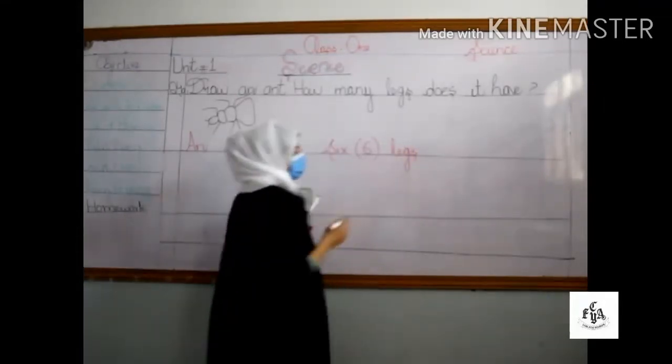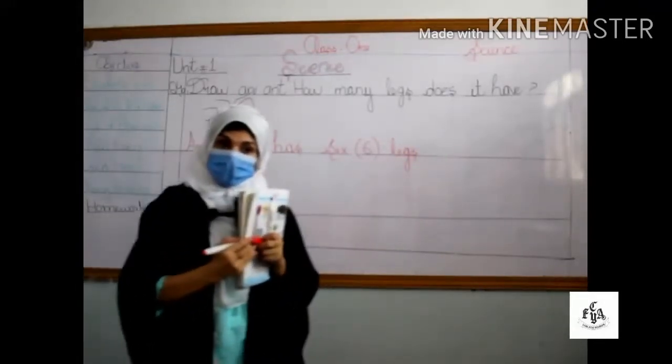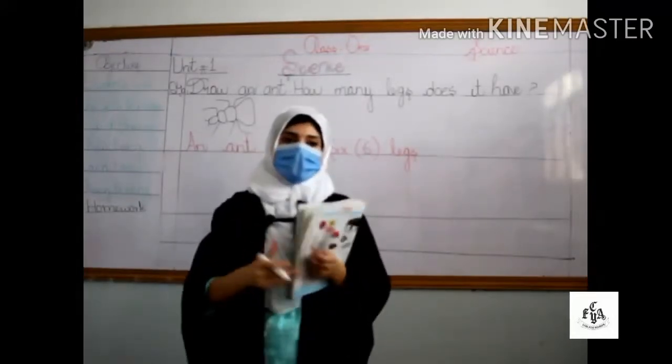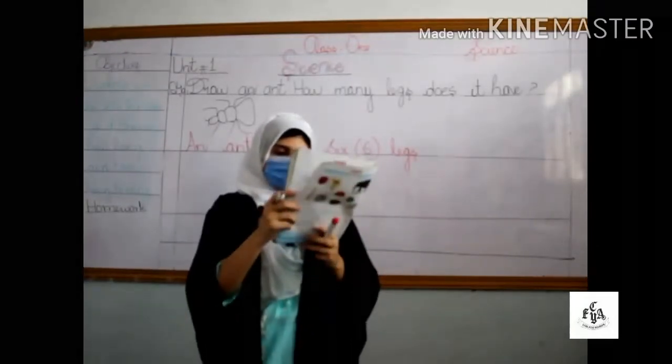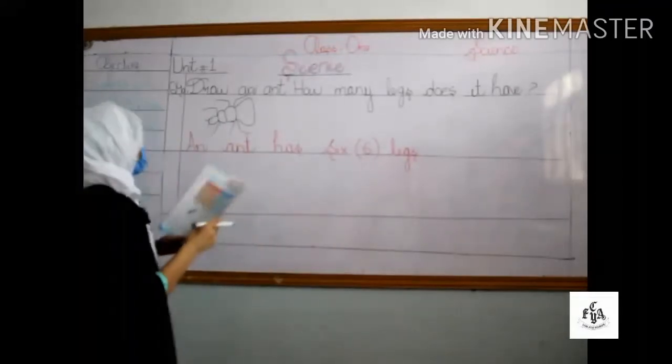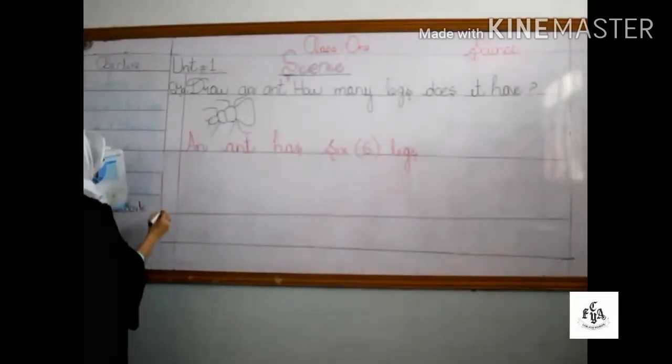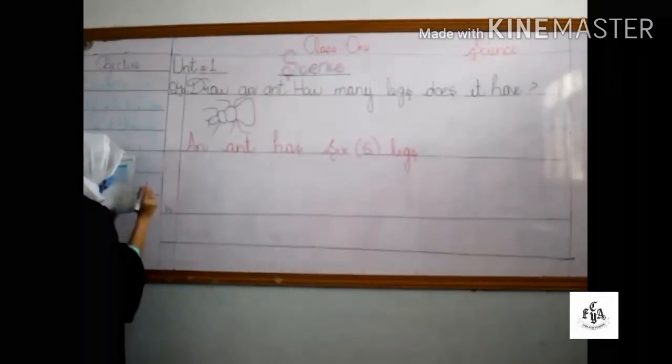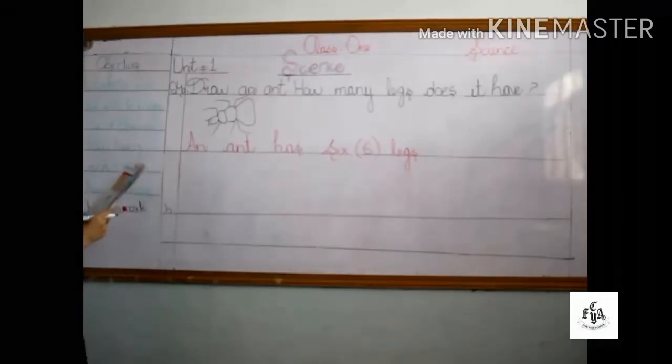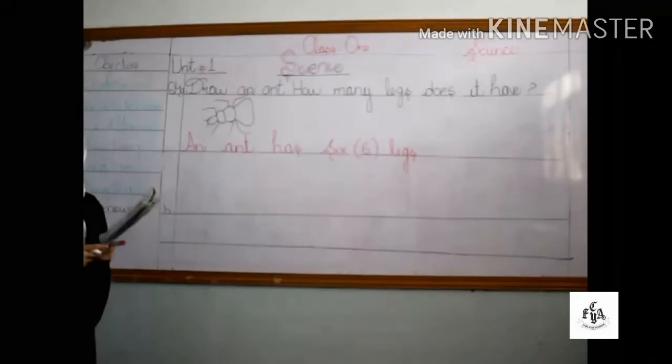Full stop. Is that clear to you all? Very good. Now come to part B. Part B is draw a flower. How many petals does it have?